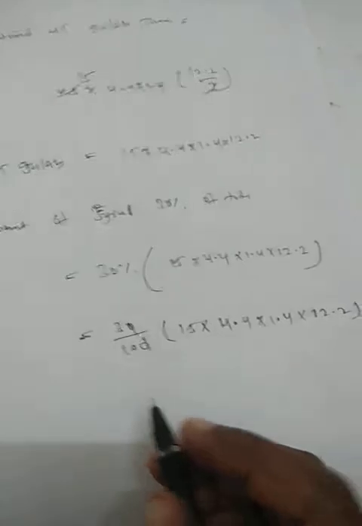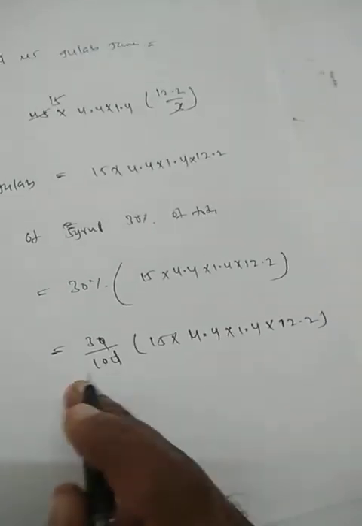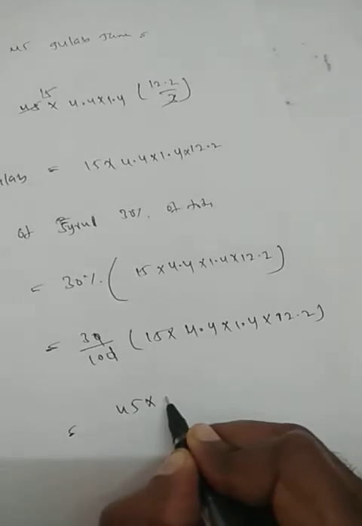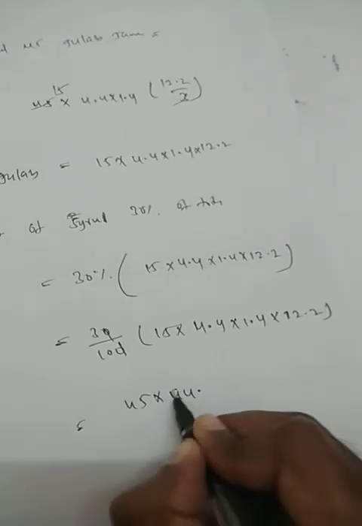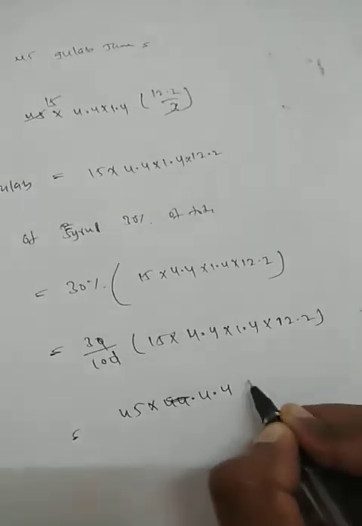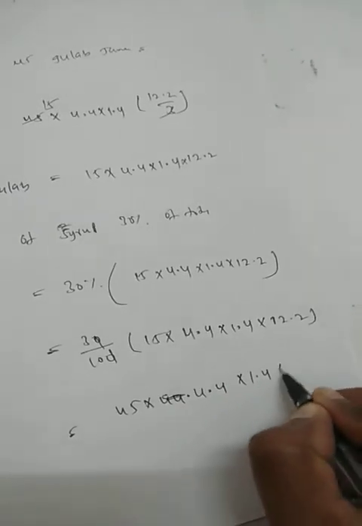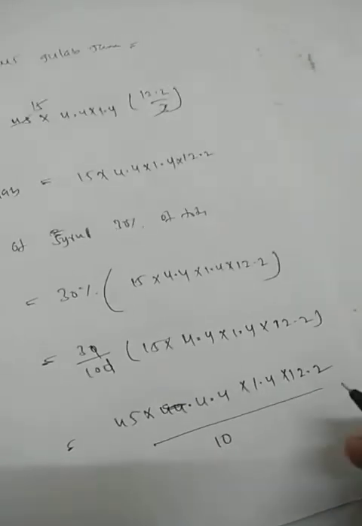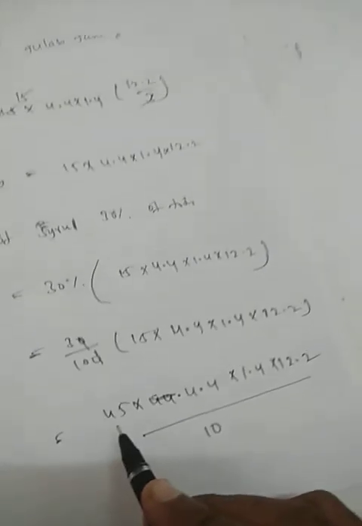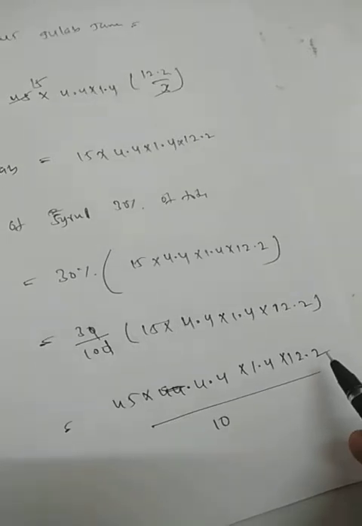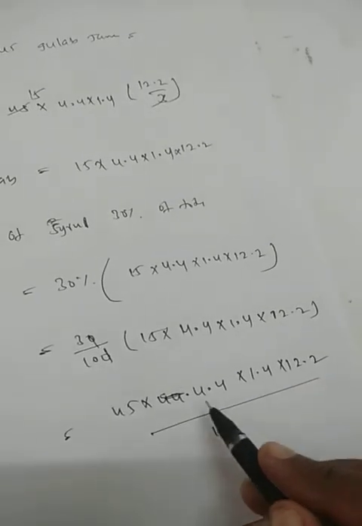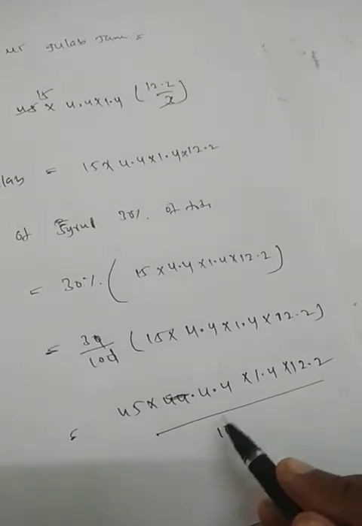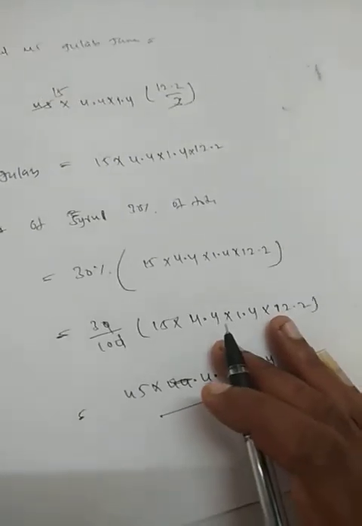The zeros cancel. Do the simplification: 15 threes are 45 into 4.4 into 1.4 into 12.2 divided by 10. Leave the decimals and multiply all this, and after that put the decimal point. Then you will get clarity on what we have to do.